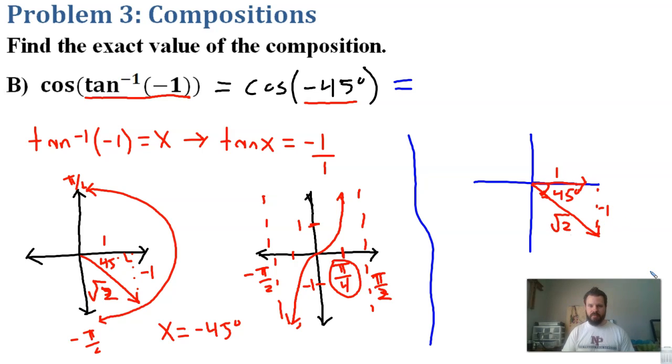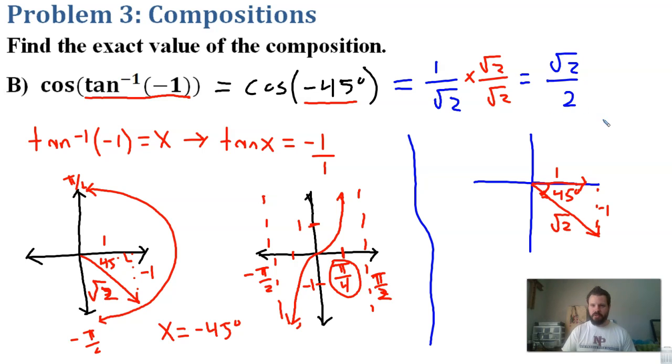This would be a negative 1. All right, so my cosine would be the adjacent 1 over hypotenuse root 2. And if I rationalize that quick, root 2 over root 2, I end up with root 2 over 2 for a final answer.